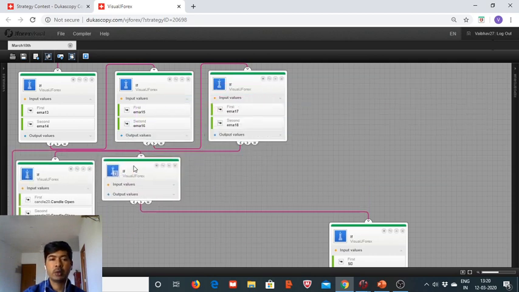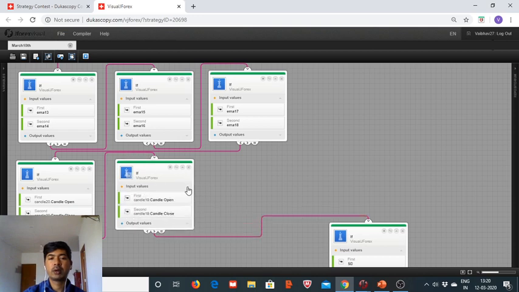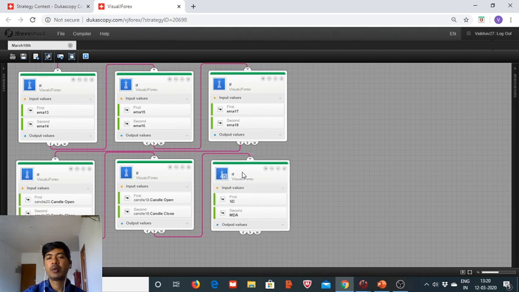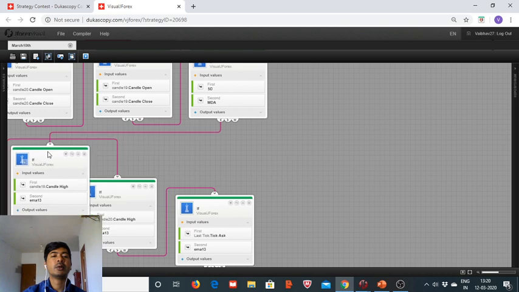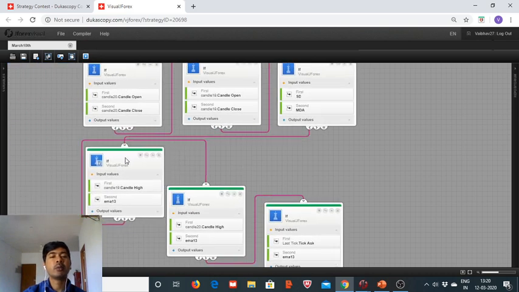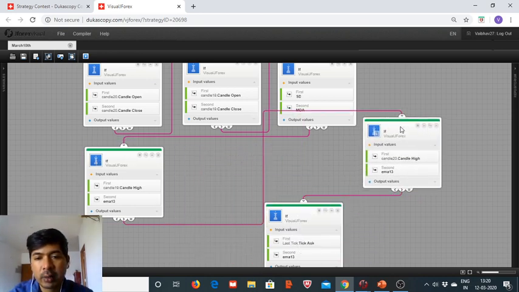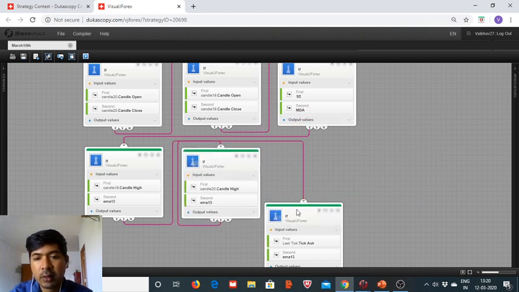So we are almost done with these conditions so far, and now is the time for our algorithm to be fitted with the sell limit block, that is the pending order for the sell side.